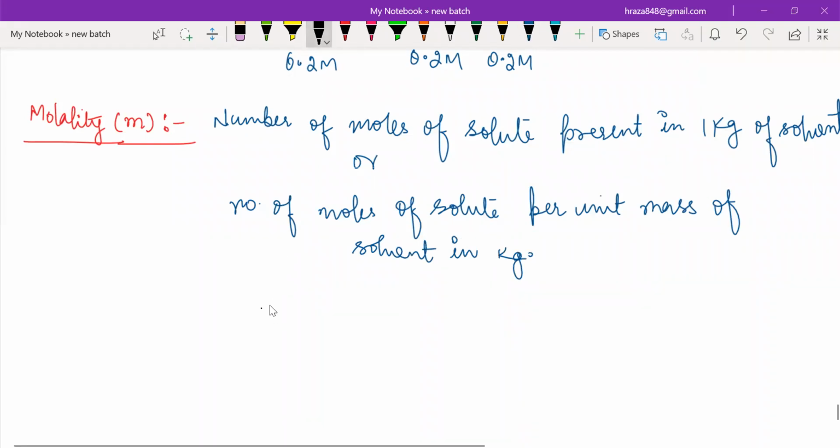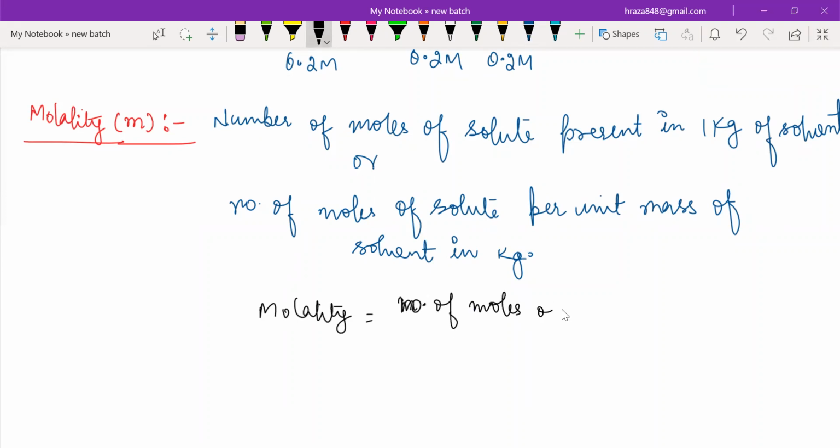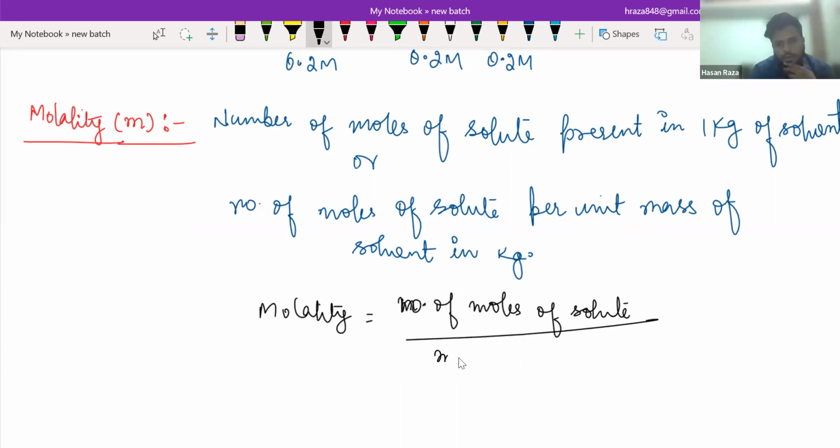Yes, sir. So I'm going to write the mathematical formula for this. Molality is equal to number of moles of solute upon mass of solvent in kg. This is the formula.